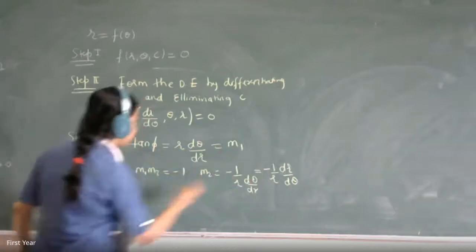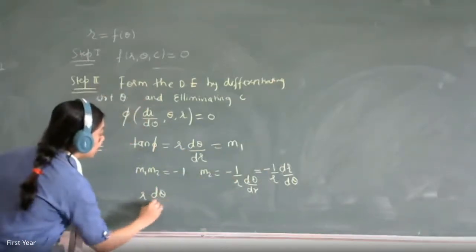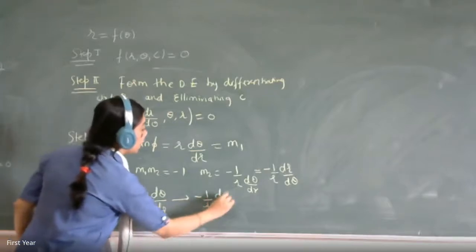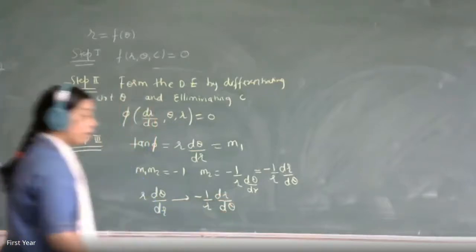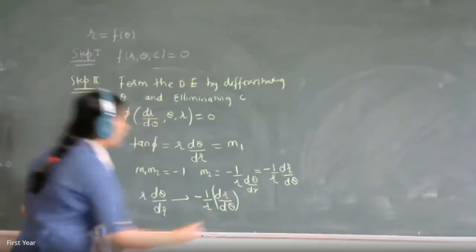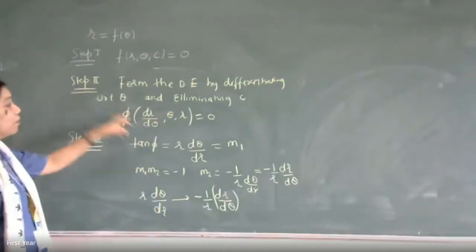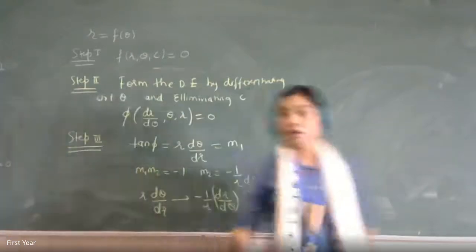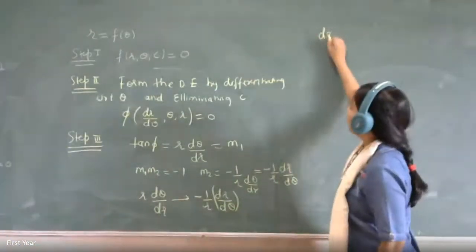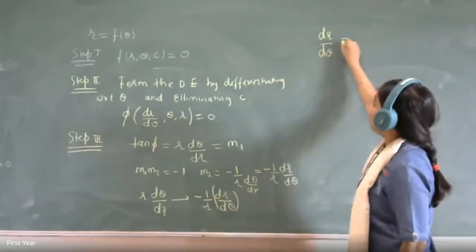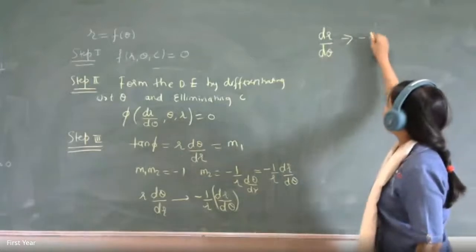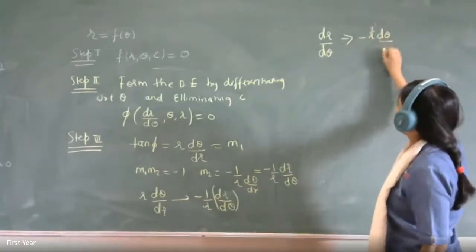So just compare r d theta by dr and minus 1 by r dr by d theta. What you got in step 2, dr by d theta, will be replaced by, can you see, this r will go here, minus r square d theta by dr. Is this okay?